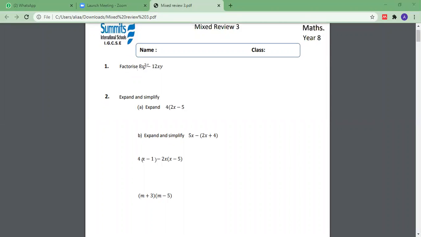So I'm going to divide by 4x here and 4x here.